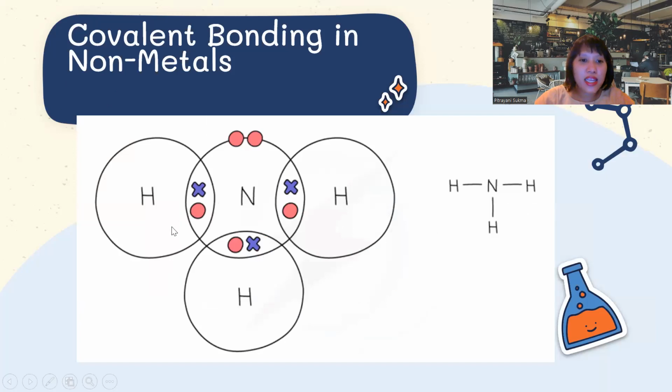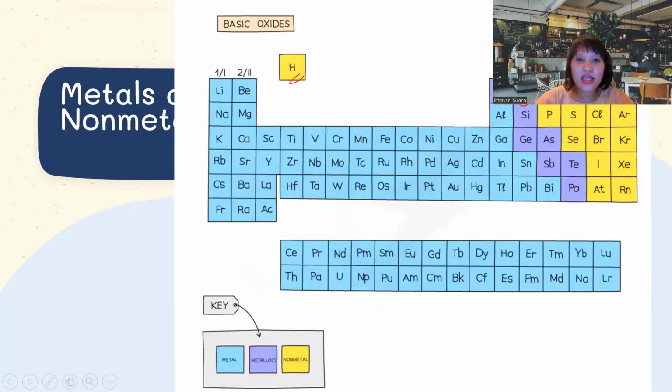And then we can see ammonia, or NH3. As we can see here, nitrogen is in group 5 of the periodic table.